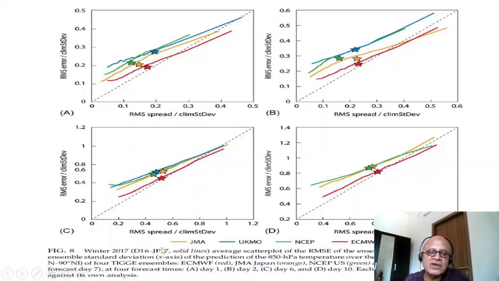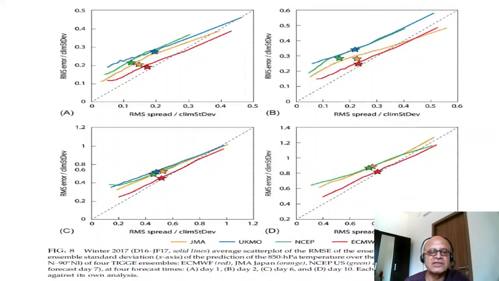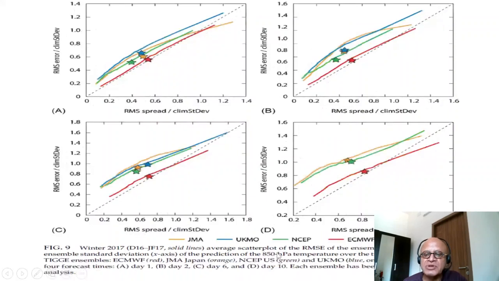The main point here is of course to say that skills do depend on model configurations, data assimilation, and so on. This is the same one for 2017. This is for winter 2017, 850 hectopascal temperatures, and this is ensemble standard deviation. Although this is the spread.